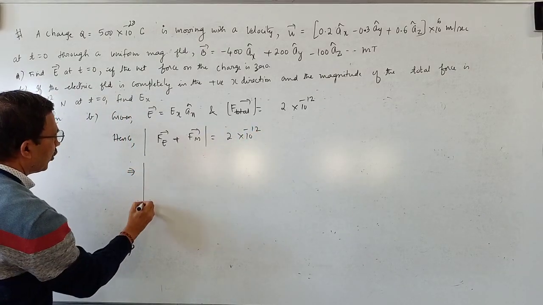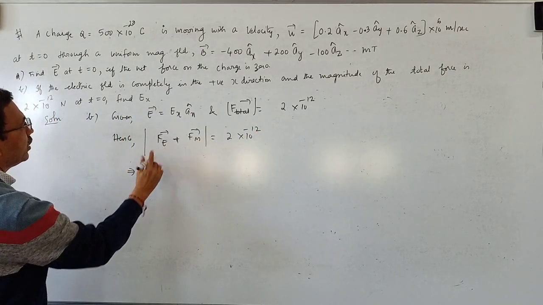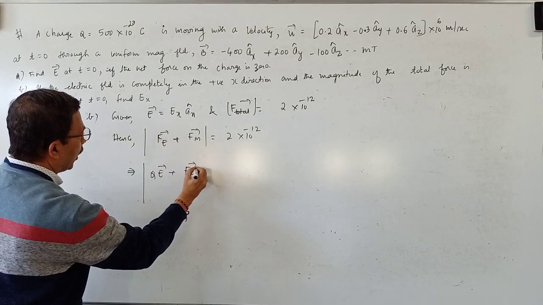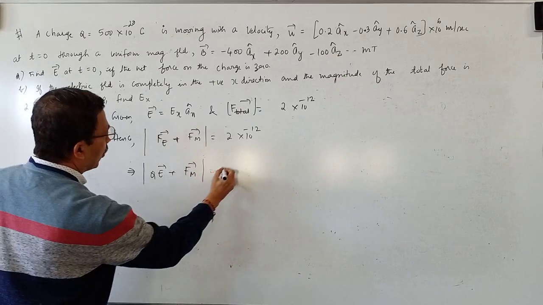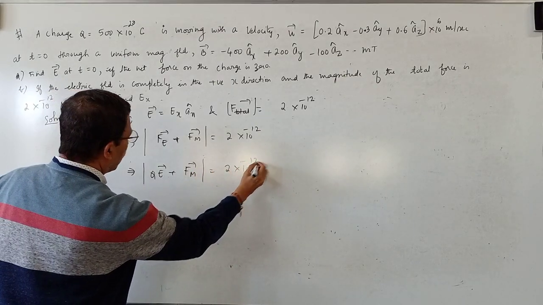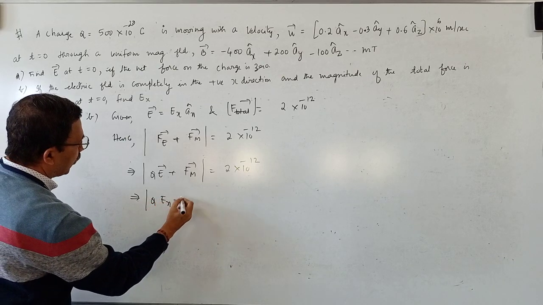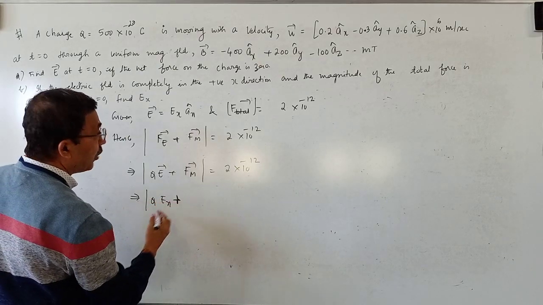This implies modulus of what is vector Fe? Nothing but Q into vector E plus vector Fm modulus is equal to 2 into 10 to the power minus 12. This implies Q into Ex plus what is Fm?